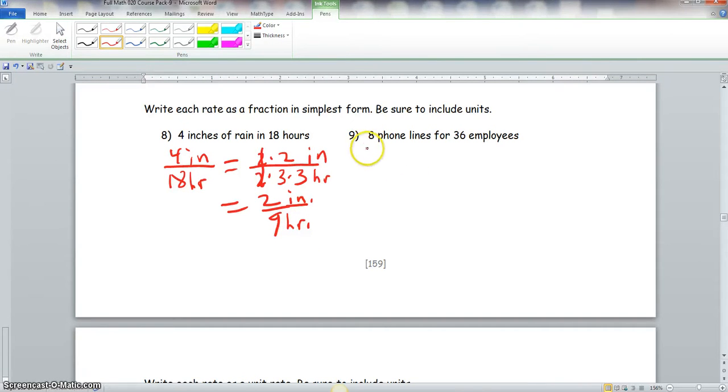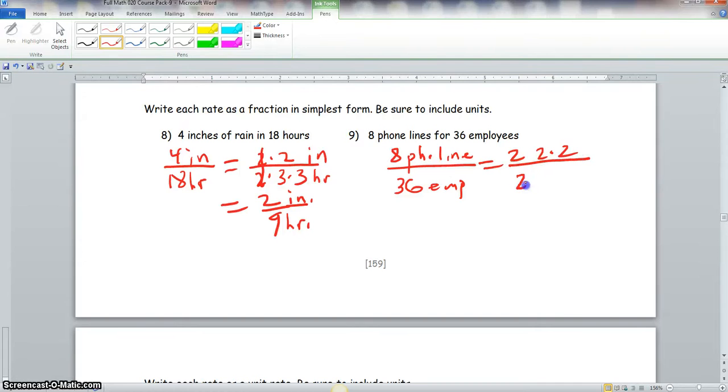Now, we have number 9. Now it says 8 phone lines for 36 employees. So we'll do 8 phone lines for 36 employees. So we could break 8 down to 3 2's.